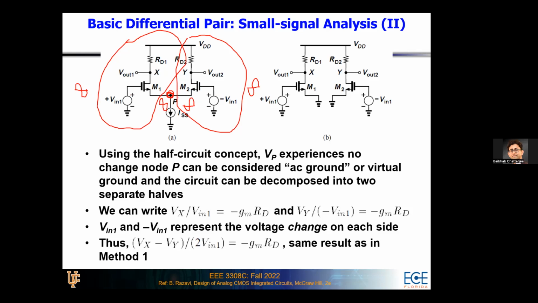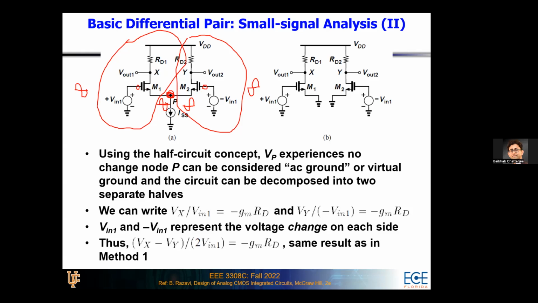Now, look into this figure in a little bit more detail. The source of M1 and source of M2 are connected together, which means that the voltage that you create because of the voltage at the gate of M1 and the voltage that you create because of the voltage at the gate of M2 will add up at the point P. And if these are fully differential versions of each other, they will compensate each other.